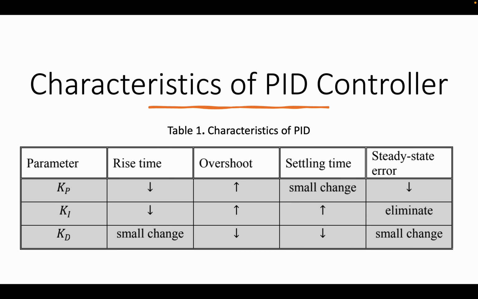Kp and Ki increase the overshoot of the system, and Kd decreases the overshoot. Kp makes a small change to the settling time, Ki increases the settling time, and Kd decreases the settling time. For the steady state error, Kp decreases the steady state error, Ki eliminates it, and Kd makes a small change to the steady state error.